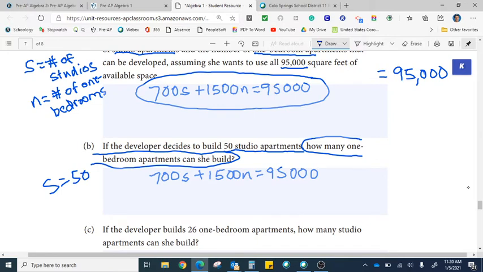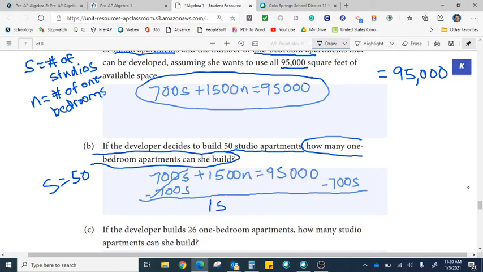I do know that S equals 50. So if I want to get this 700S over to the other side, I can just subtract 700S from both sides. I can do that in math, right? As long as I do the same thing to both sides, it'll keep the equation balanced.